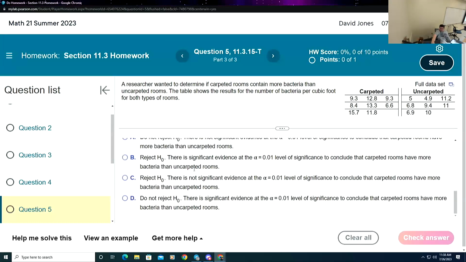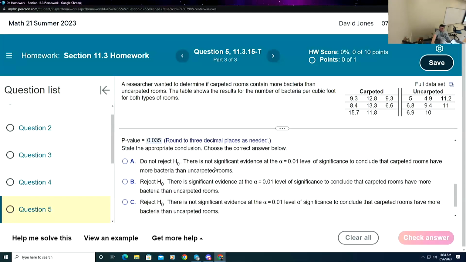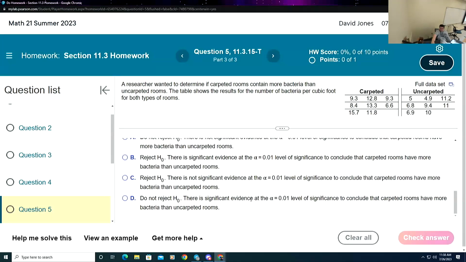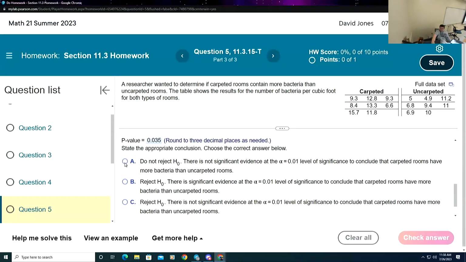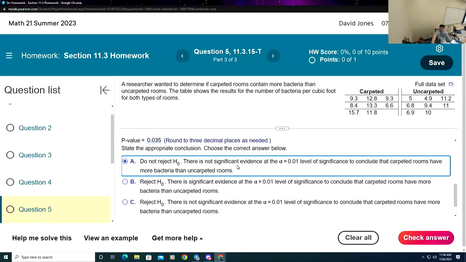That is either A or D. And there was not enough evidence. A says not enough evidence. D says there was enough evidence. So it's got to be A. Not enough evidence at alpha equals 0.01 level of significance to conclude that carpeted rooms have more bacteria than uncarpeted rooms. That's what we were saying.